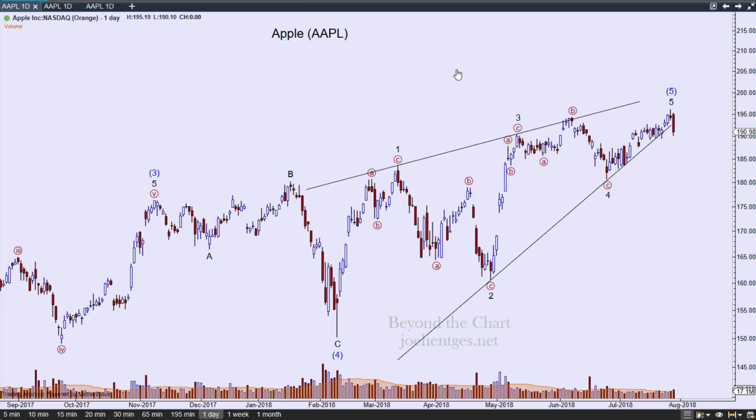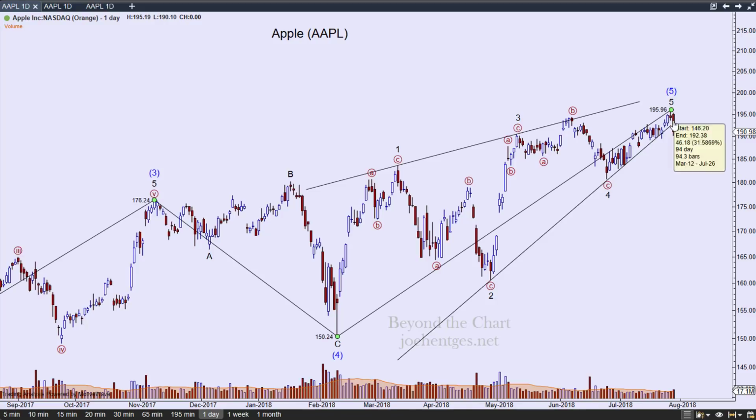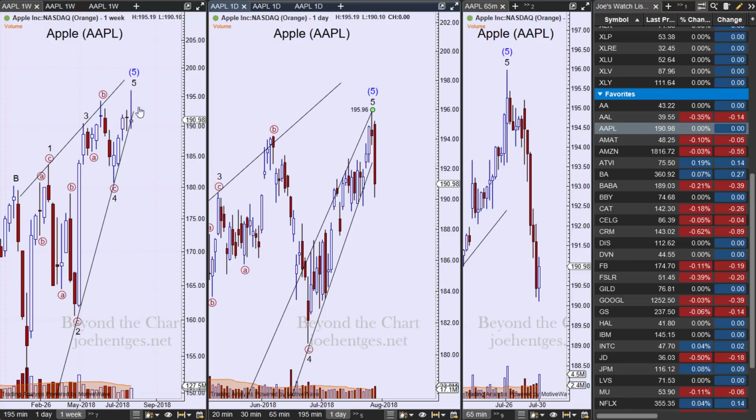Apple releases their earnings, and right now I'm thinking we've got a big ending wave structure in here, a fifth wave. And I am watching to see, right now we had a lot of weakness come in on Friday, closing below the trading of the last 3 days. Let's see how the weekly chart looks. Yeah, it's not quite a reversal candle. It's a doji candle. I'd like to see a little more.